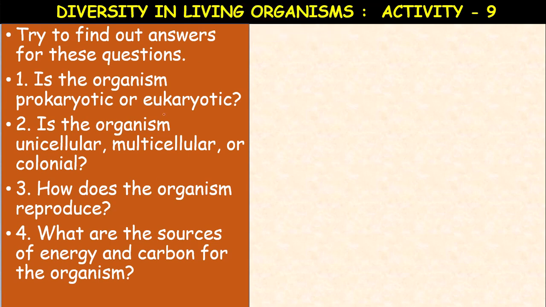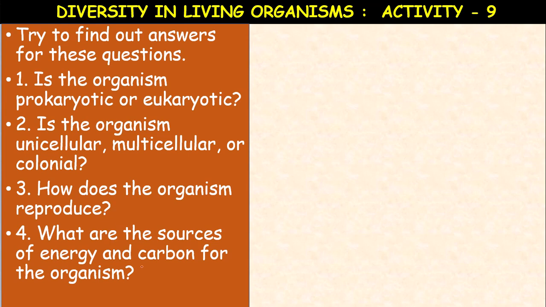So for example, if you consider amoeba, it is a eukaryote. Okay, a well developed nucleus is present. It is unicellular. Okay, the organism reproduces by binary fission.